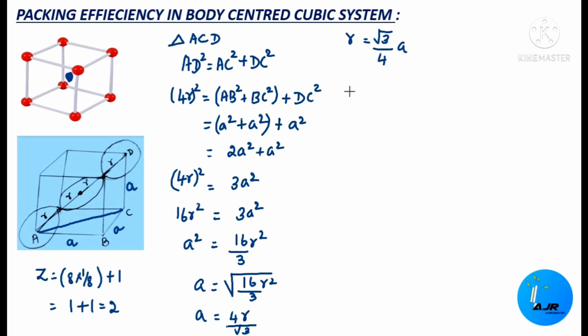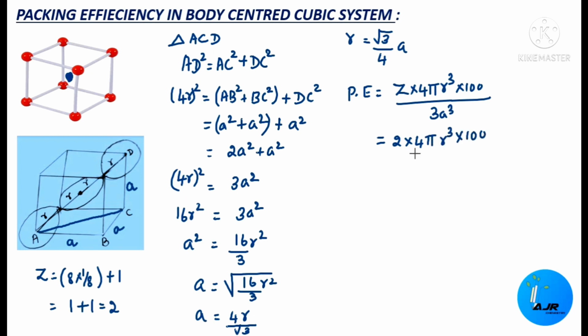Now we are going to find out the packing efficiency. What is packing efficiency? It is Z into 4 pi R cube into 100 divided by 3A cube. Now we substitute the value of Z. Z is 2, so 2 into 4 pi R cube into 100, divided by 3 into A cube.